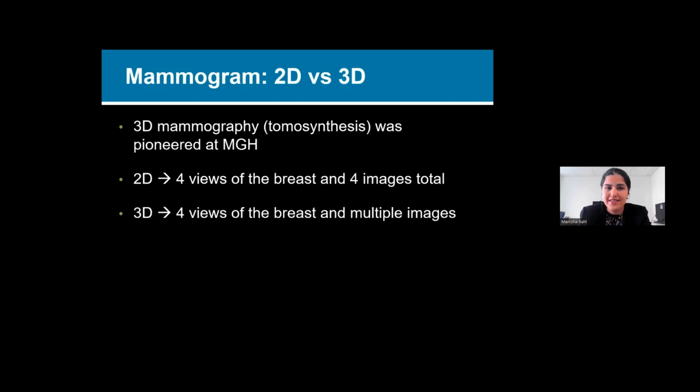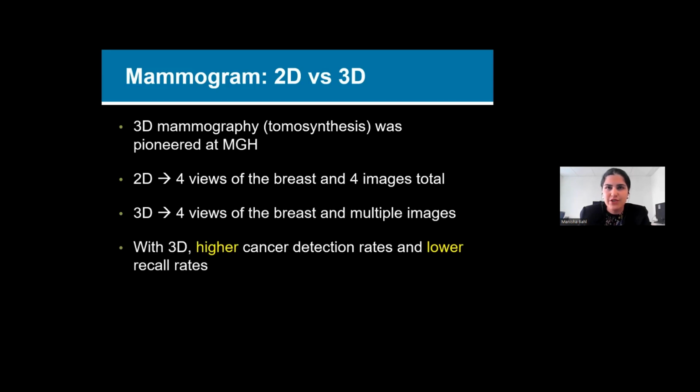With tomosynthesis, or 3D mammography, the same 4 views of the breasts are obtained, but there are multiple thin images of the breast to interpret. Multiple research studies have shown that tomosynthesis, or 3D mammography, has led to higher cancer detection rates and lower false positive rates compared to 2D mammography.